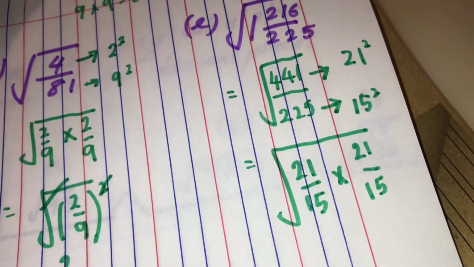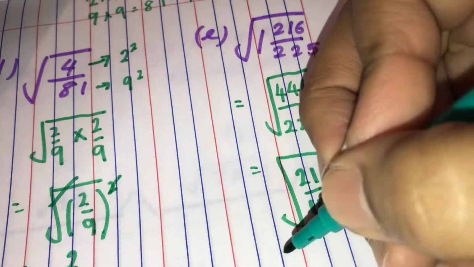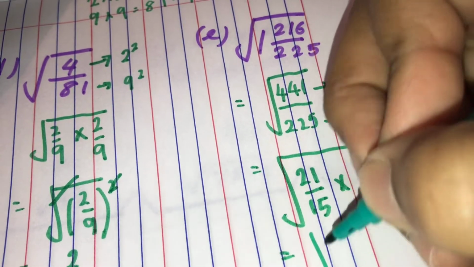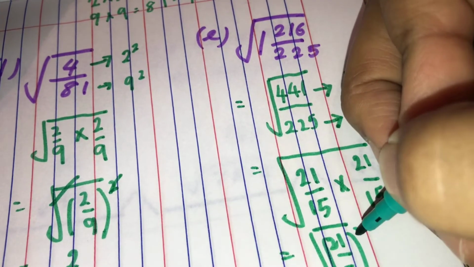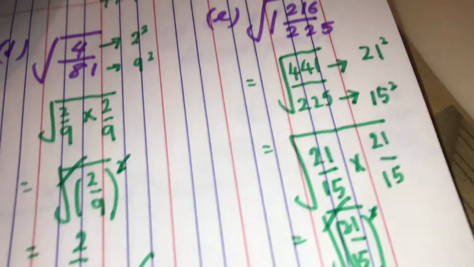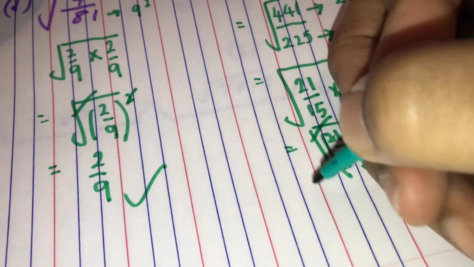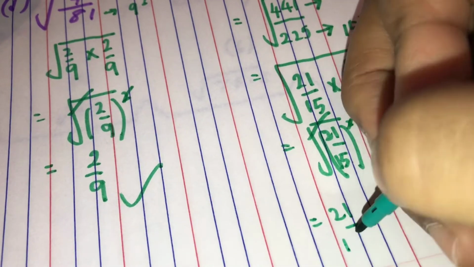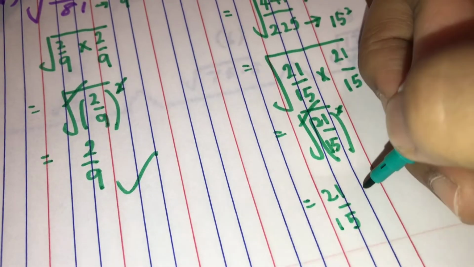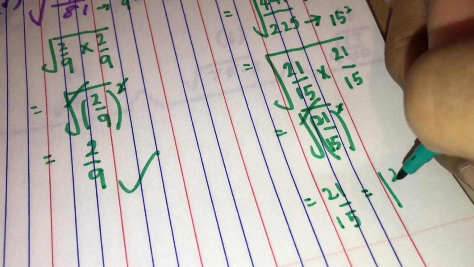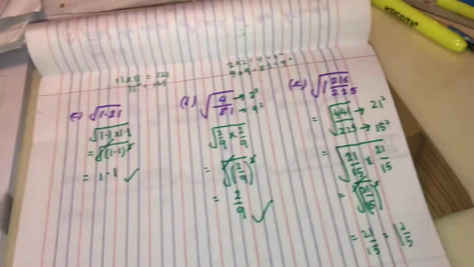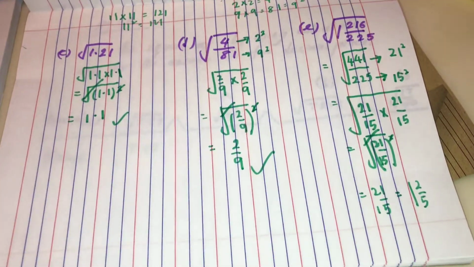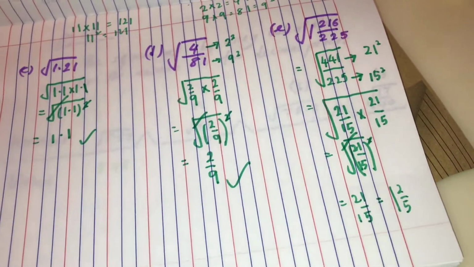Then the square root of 21 over 15 squared, you can cancel, right? So the answer is 21 over 15. Change back to a mixed number, you will get 1 and 2 over 5. So that completes question 6.